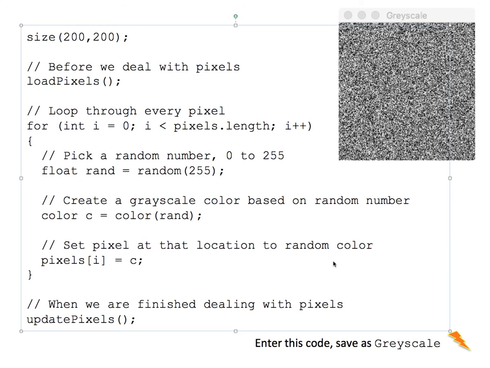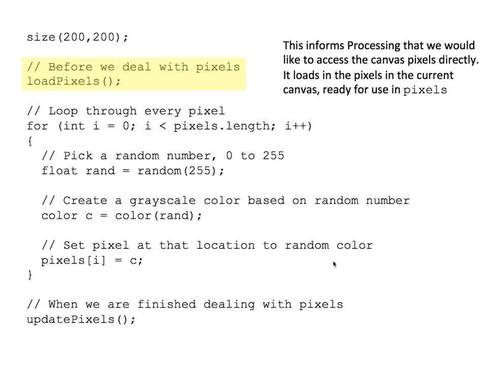In order to get direct access to the canvas, we first need to load in the pixels from the canvas, which copies them into the pixels array. And we do this, unsurprisingly, using the loadPixels method, which essentially just sucks in all the pixels from the canvas into the pixels array and allows us to then access them.